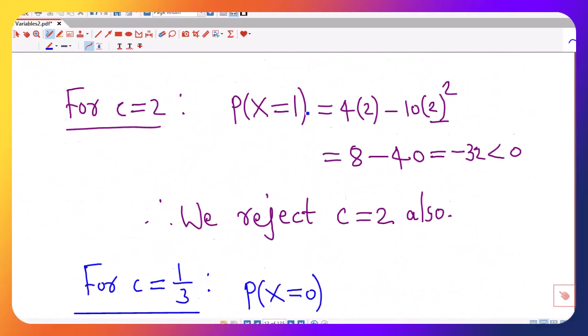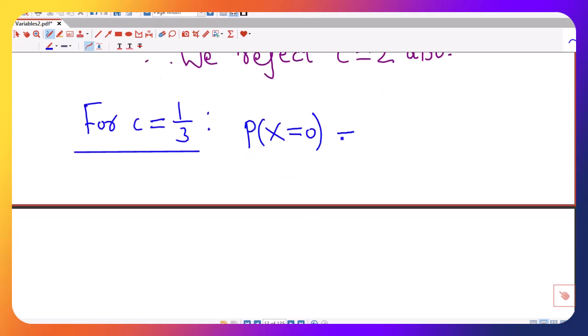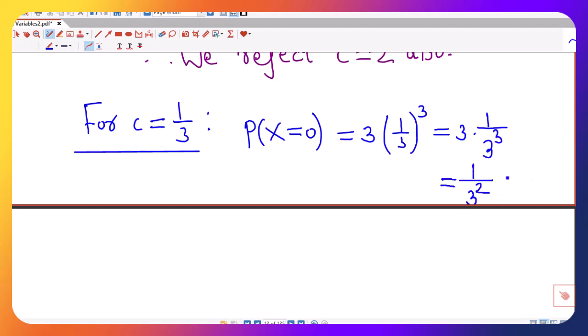C is 1 by 3, so we write cube of 1 by 3. So this is 1 divided by 3 to the power 3, and the 3 will get cancelled, and we have 1 by 9, and this is non-negative.